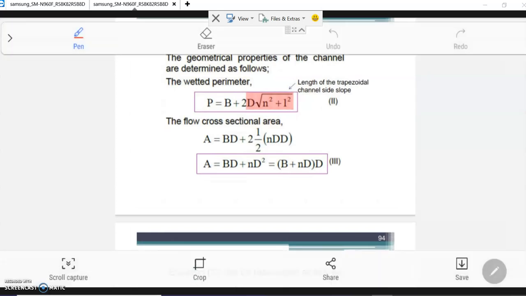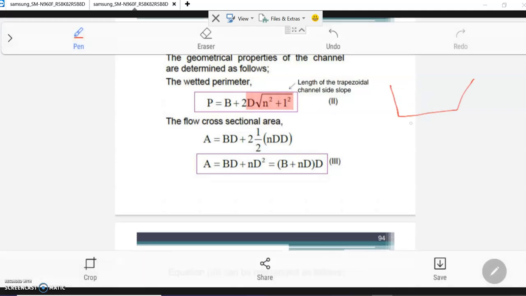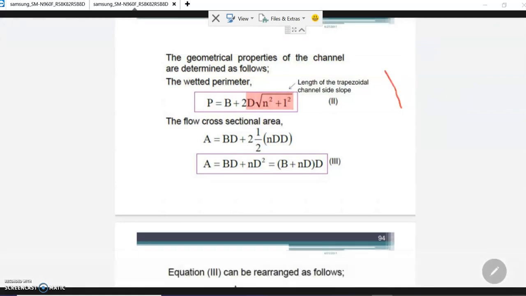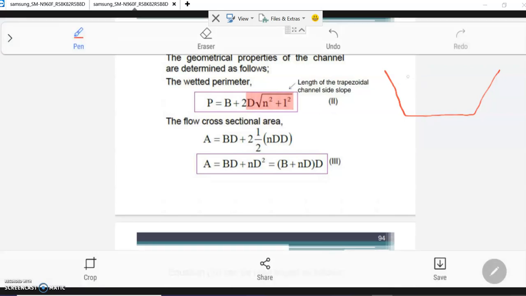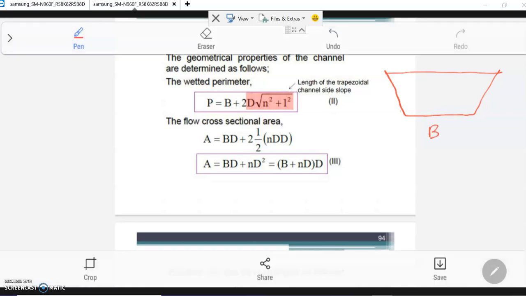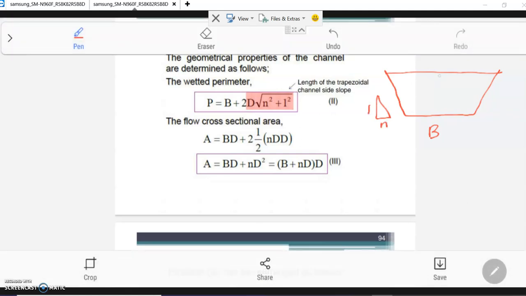So from the figure, we know that we have here B, and then we have the ratio of 1 to n. That is all that is given in the figure.